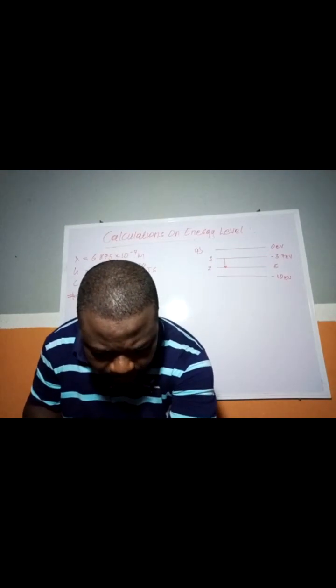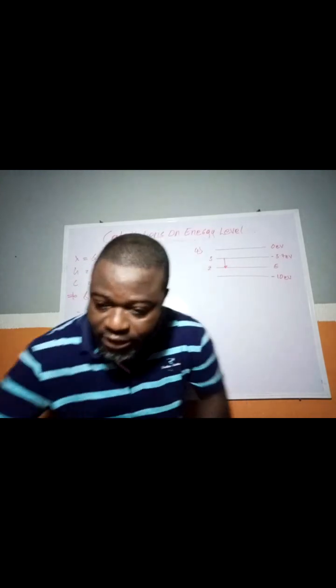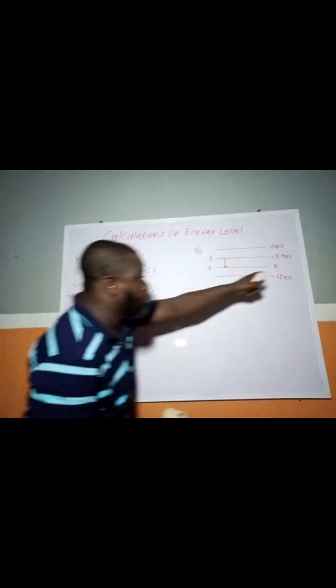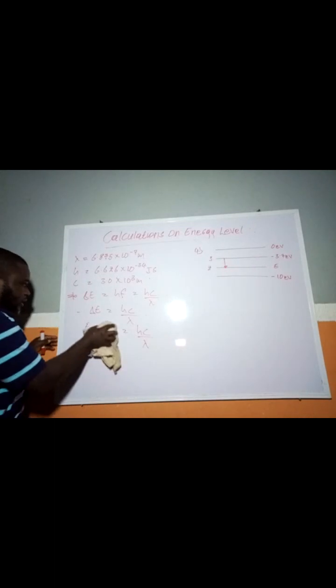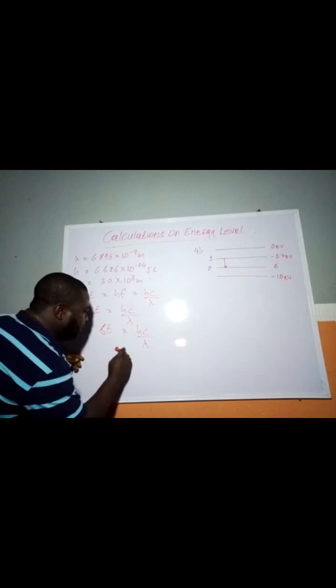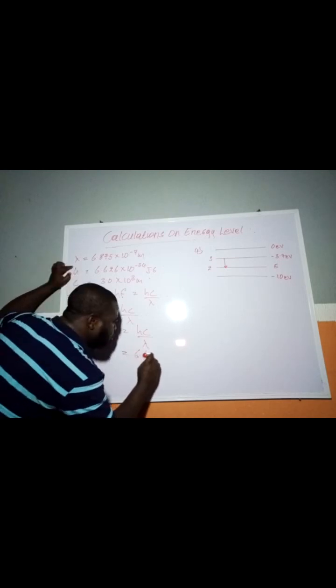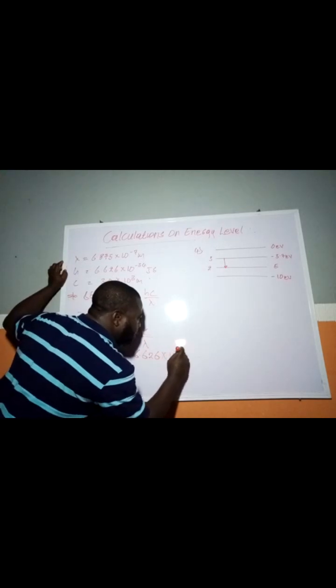Okay, they ask us to calculate. What they want me to calculate, sorry, they said in the diagram above, an electron falls from energy level 3 to this. They are now asking me to calculate the energy change. That means I don't need to find this because I don't know this. So calculate the energy change, that means changing E. If I want to calculate changing E, then Planck constant is still 6.626 multiplied by 10 raised to power minus 34.